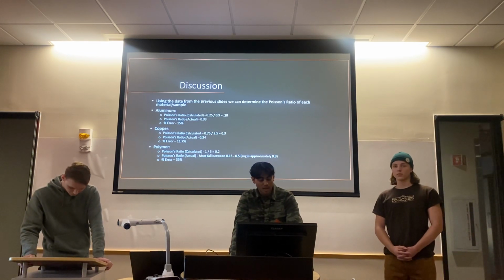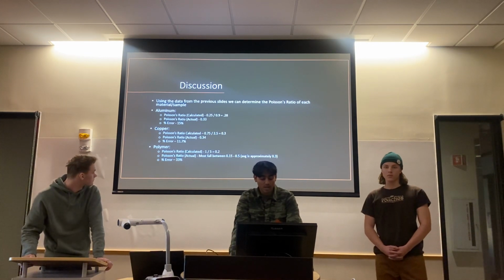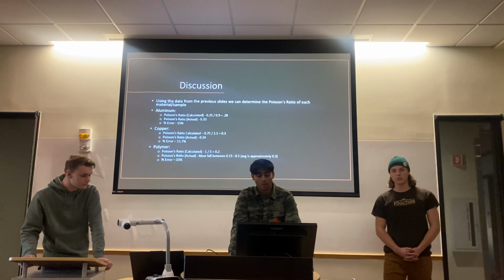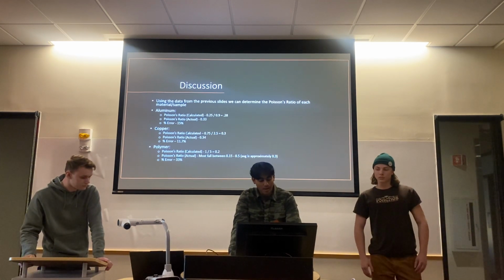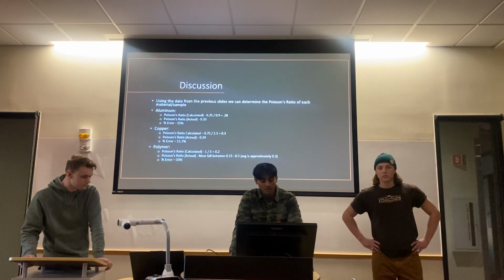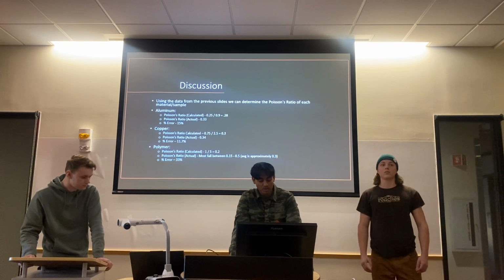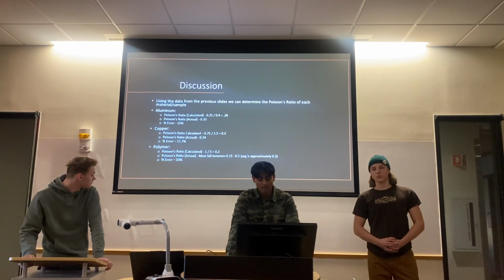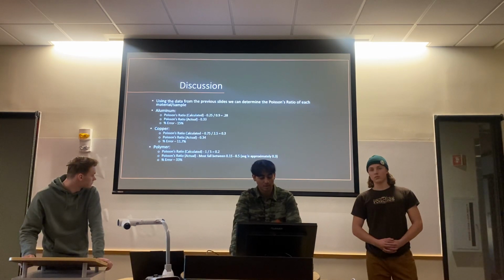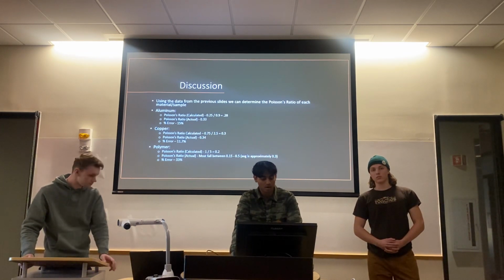For copper, we have a calculated Poisson's ratio of 0.3, and the textbook value for it is 0.34, so there's a percentage error of 11.7%. And for the polymer, we calculated a Poisson's ratio of 0.2, and the textbook value for polymer, or polyester specifically, falls between 0.15 and 0.5. So when comparing it to the average Poisson's ratio of 0.3, we have a percentage error of 33%.